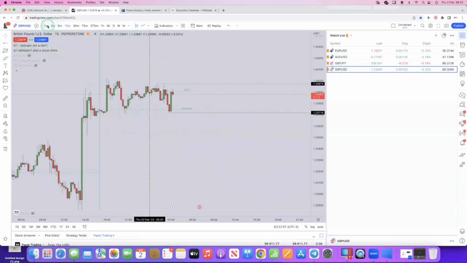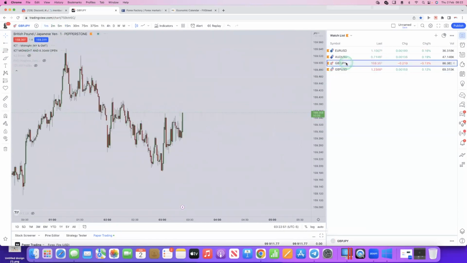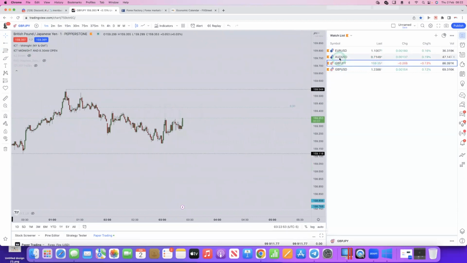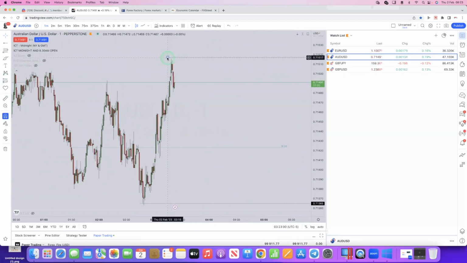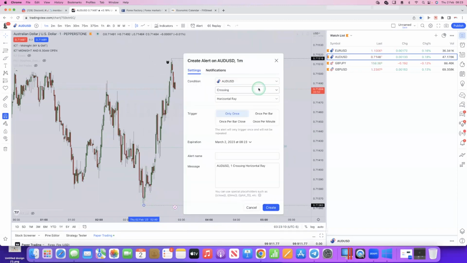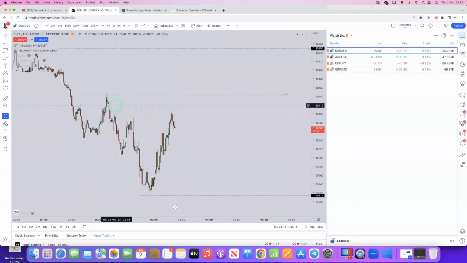Let's drill this down to a 1 minute. So I'm waiting for the highs and the lows on these to be taken. Again, I need the magnets on, to be fair. So I'm just going to put the alarms on. Let's stick the alarms on. We'll do this on every pair, to be fair.